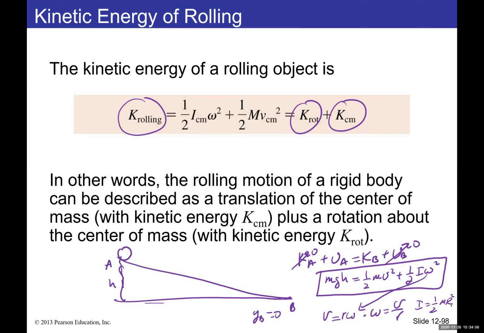Then we solve for the linear velocity, meaning the linear speed at the bottom. With omega replaced by V over R and the moment of inertia by 1/2 mr squared, you have just one V. We can factor it out and solve for that speed.